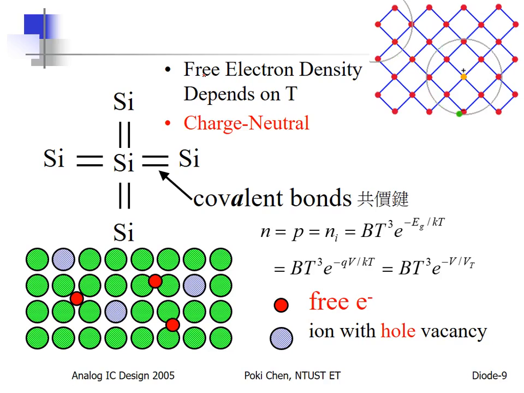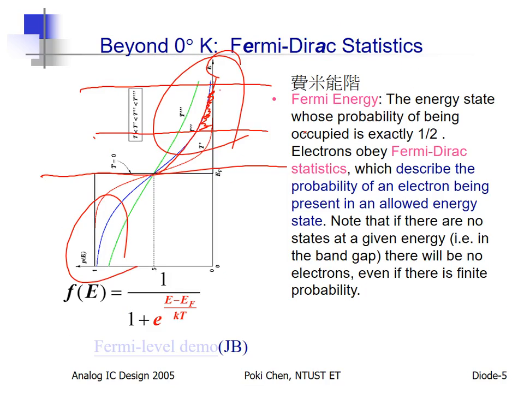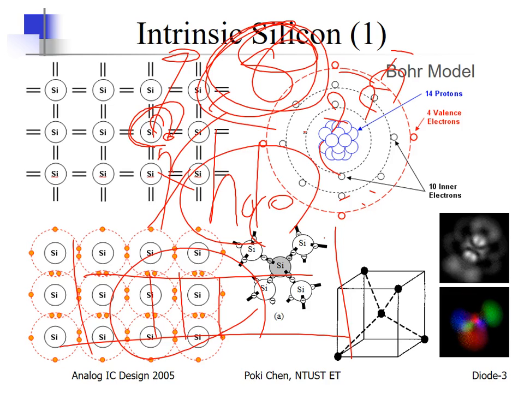from the very beginning, intrinsic silicon, or the so-called pure silicon, is charge neutral. That is very important. The core actually is positive, right?